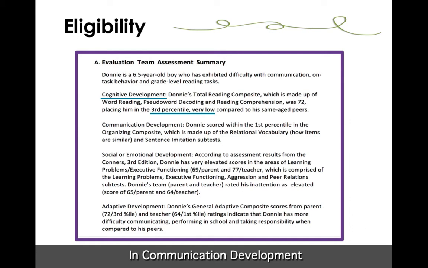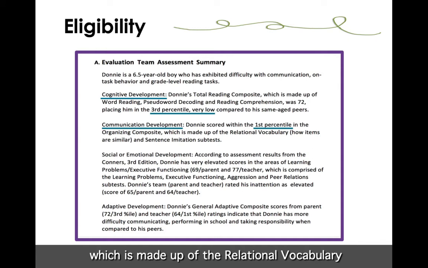In communication development, Donnie scored within the 1st percentile in the organizing composite, which is made up of the relational vocabulary, how items are similar, and the sentence imitation subtests.